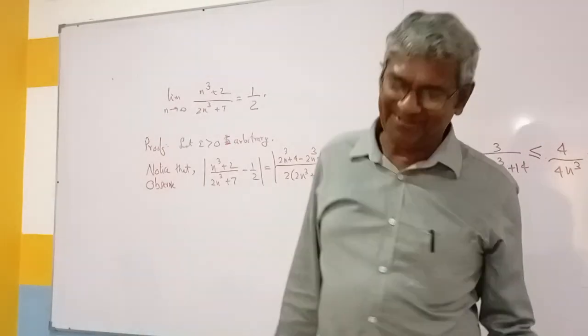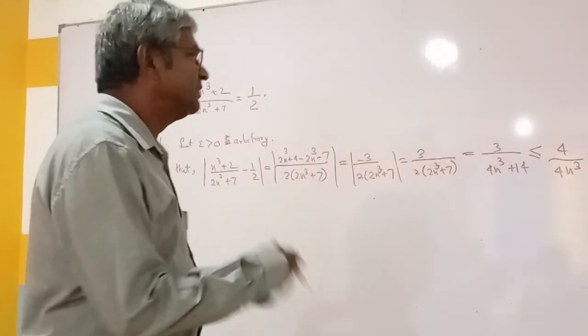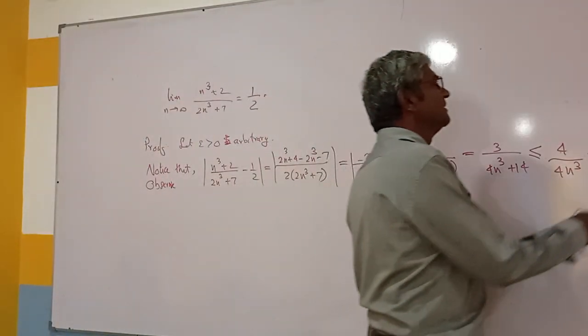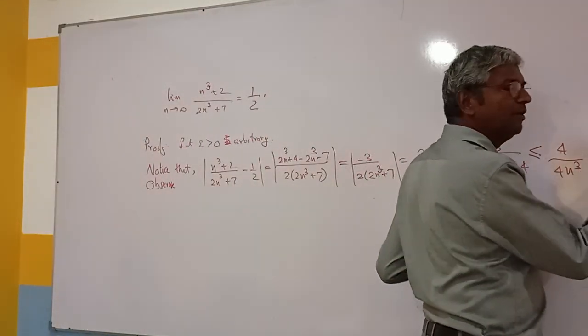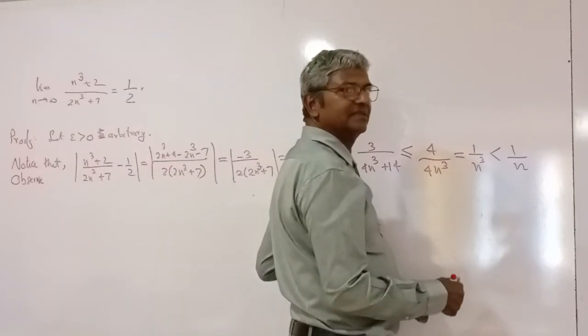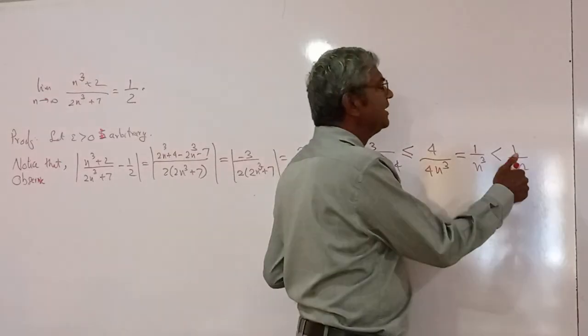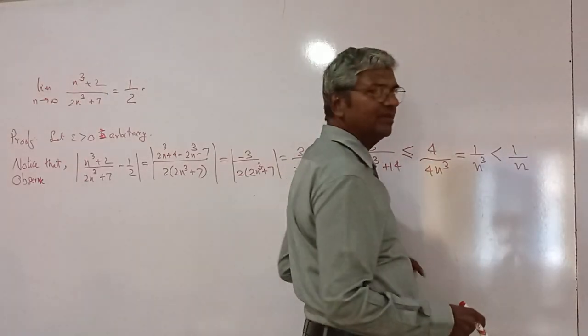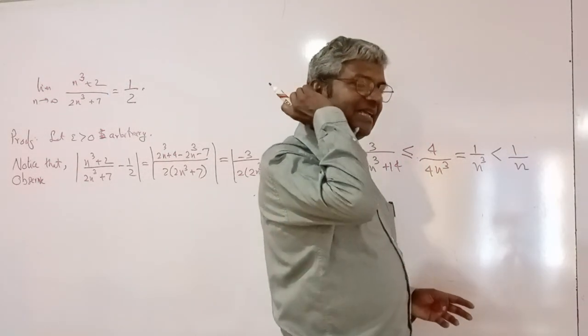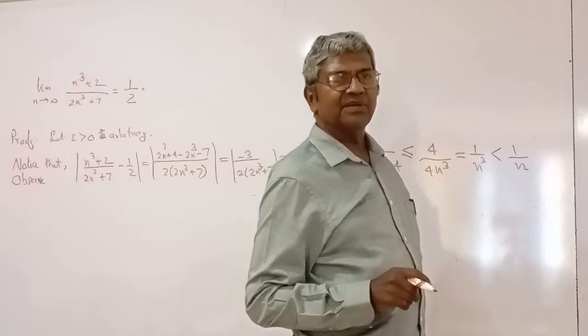Anyway, we need to do this sort of thing when we are going to find that particular N or whatever. So if you go this way, now this one is less than epsilon if and only if n is greater than 1 over epsilon.